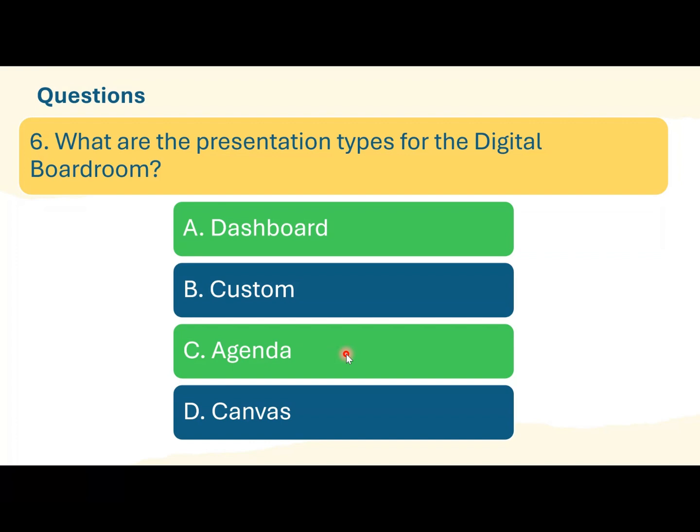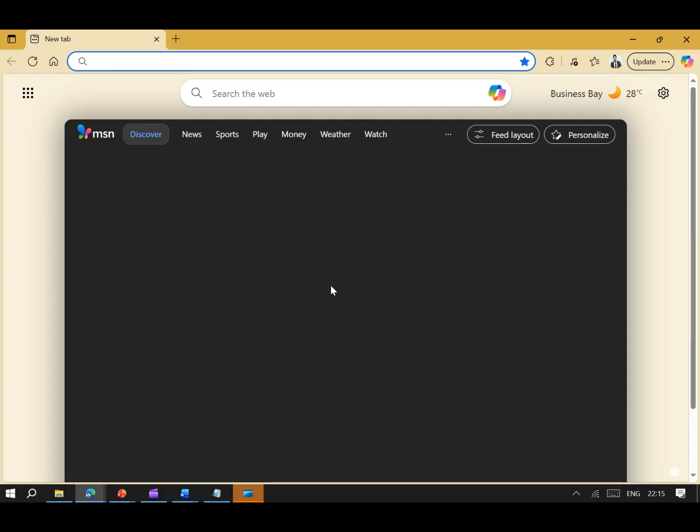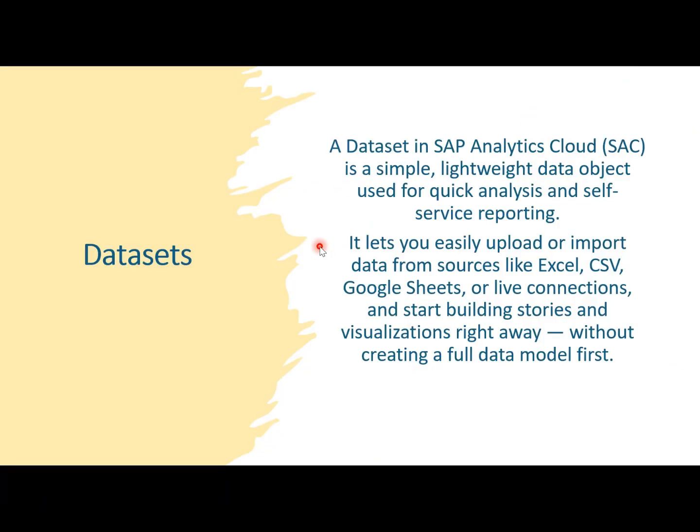Let's move to our second session, which is about dataset. So starting with the definition, a dataset in SAC is a simple, lightweight data object used for quick analysis and self-service reporting. So what do you mean by lightweight?